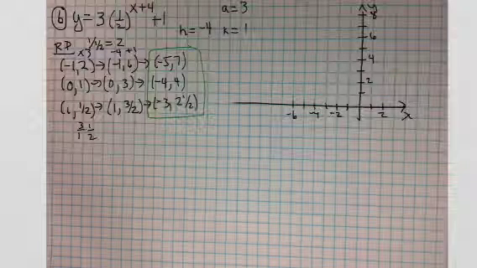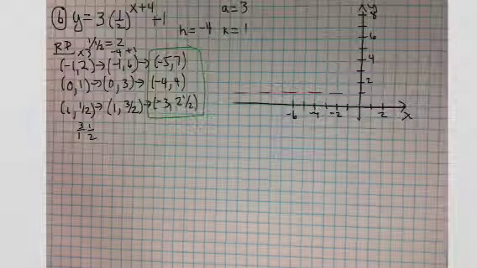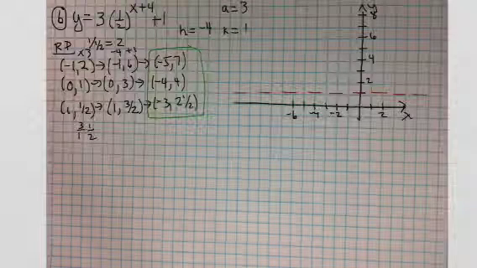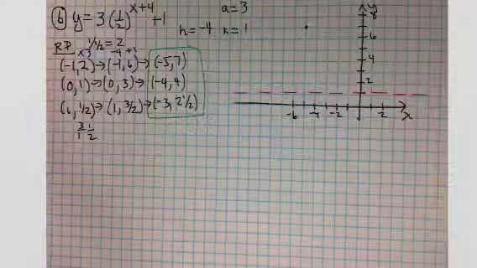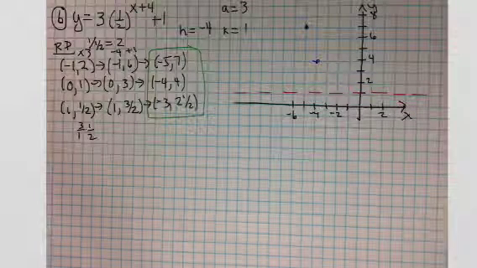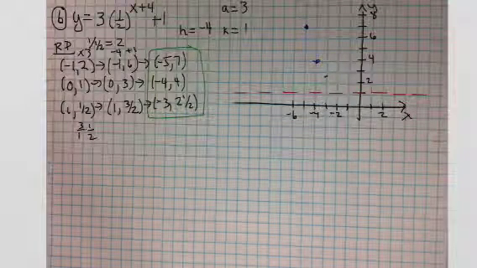Just like before, the first thing we do is start off with the horizontal asymptote, which is at y equals 1. So right about here, go across, draw your horizontal asymptote. Then we plot the 3 points: -5, 7, okay, approximately here, and then -4, 4, here, and then -3, 2.5, about here.